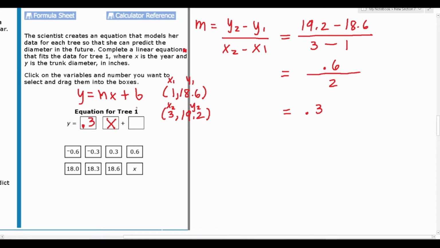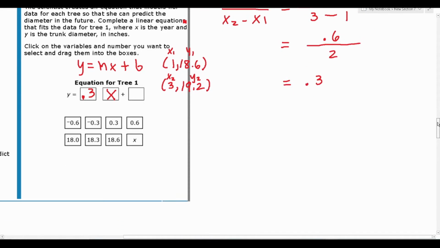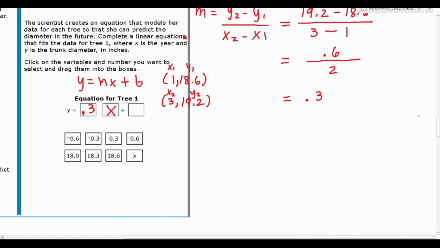Now we just need to figure out what b is, and there's a couple ways you can go about doing it. I prefer using the point slope equation to do that. And again, if you recall from the formula sheet, that was this. y minus y1 equals m, let me fix that, m times x minus x1.